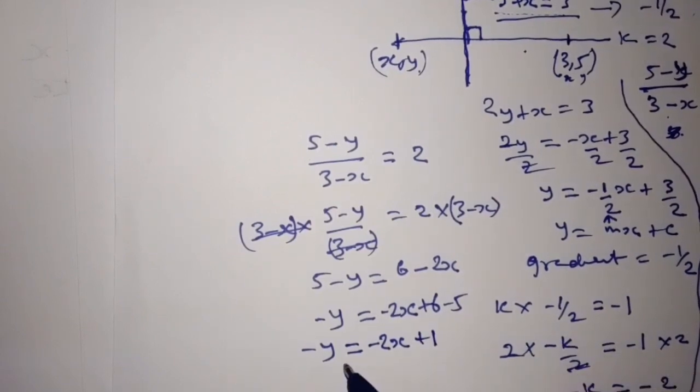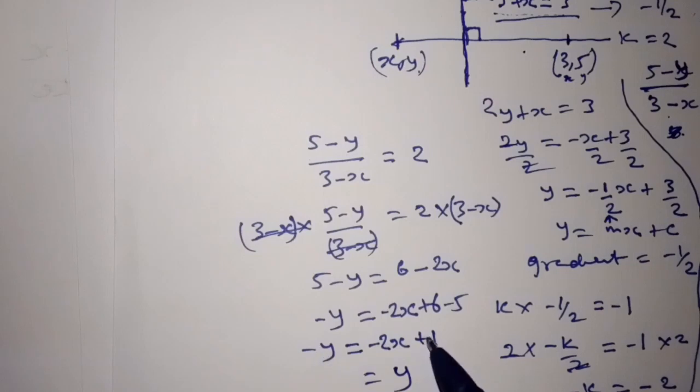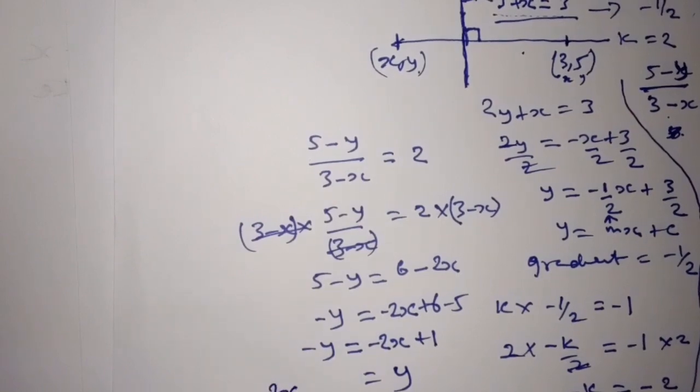So we can interchange these equations. We bring this to the other side, and this one we bring to the other side. When negative y crosses to the other side, it becomes positive y. And we bring negative 2x this other side, it becomes positive 2x.